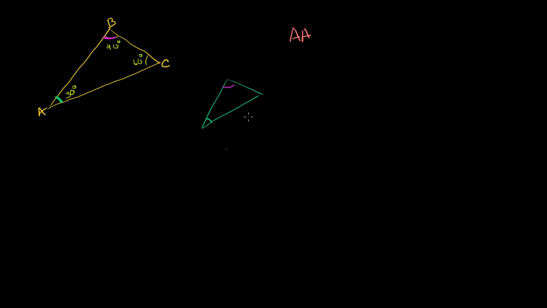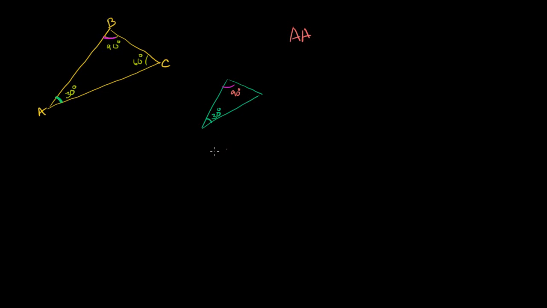So for example, just to put some numbers here, if this was 30 degrees, and we know that on this triangle this is 90 degrees right over here, we know that this triangle right over here is similar to that one there. And you can really just go to the third angle in a pretty straightforward way. You say, hey, this third angle is 60 degrees, so all three angles are the same. That's one of our constraints for similarity.